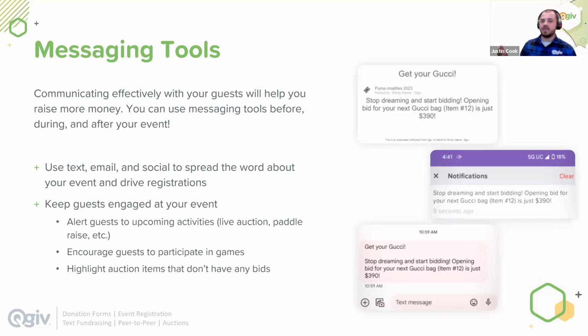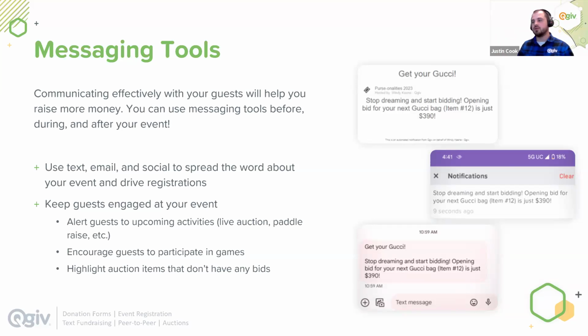And one of the best ways is to look at what the run of your event is. So what's your schedule like? And what are some major plot points throughout your event that you can alert guests to? So for example, any upcoming activities like a live auction that we were talking about earlier, or even a paddle raise, right?